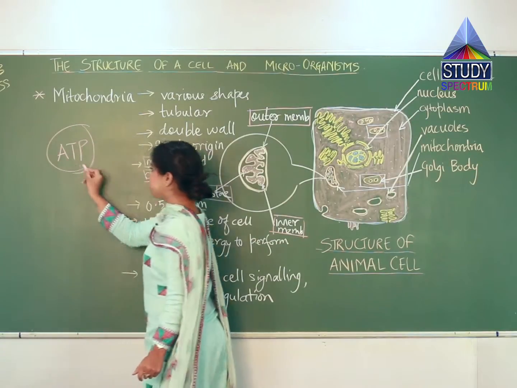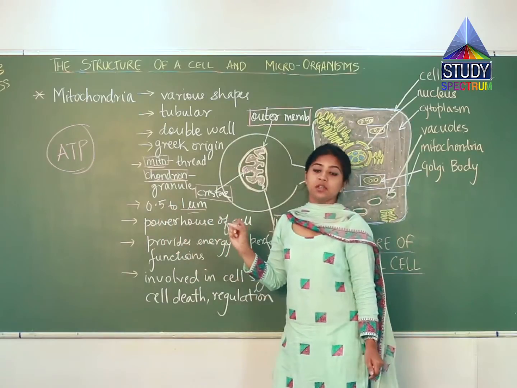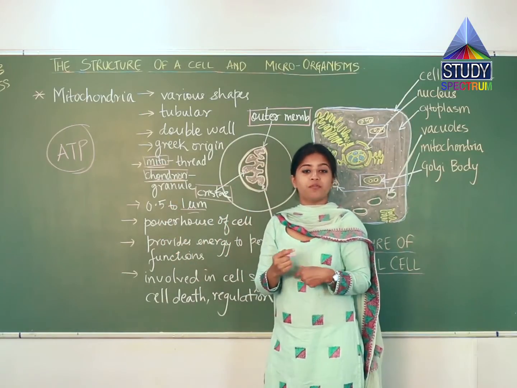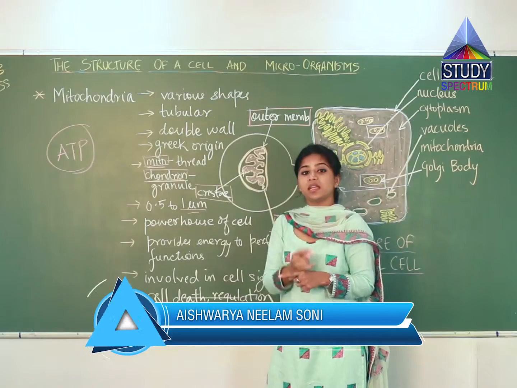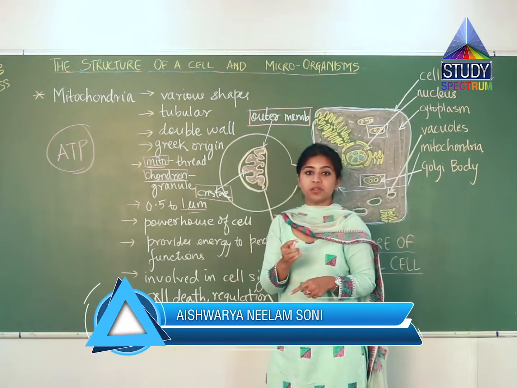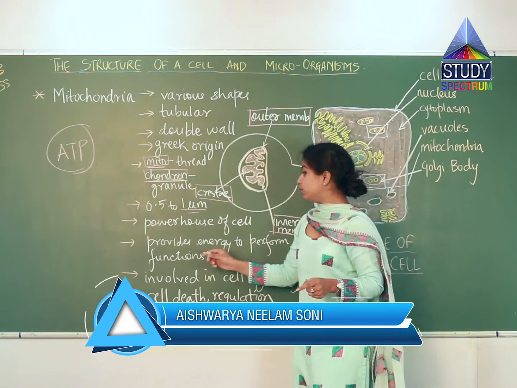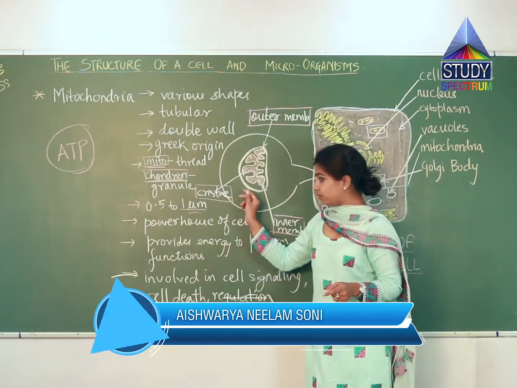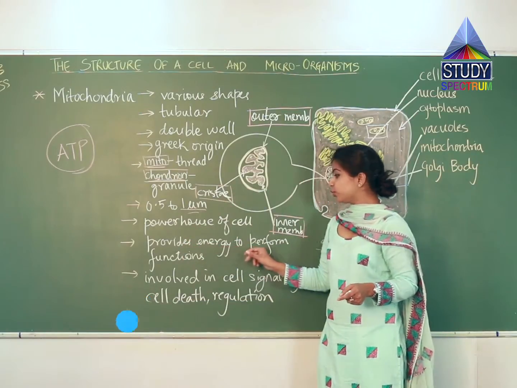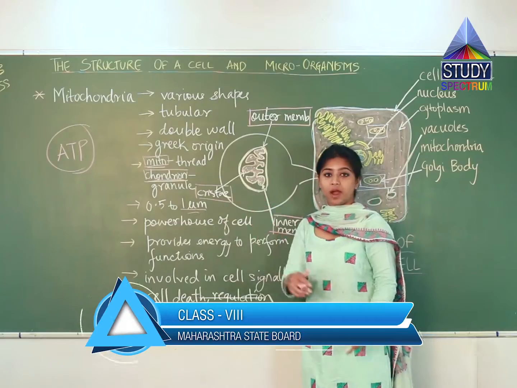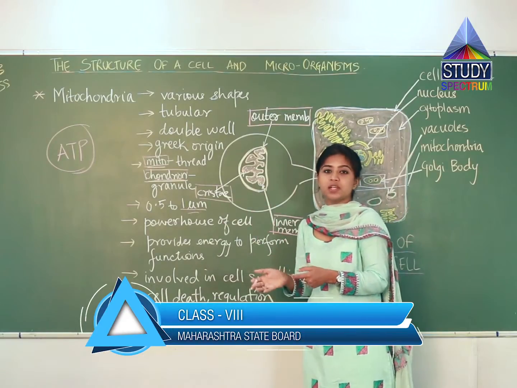Now this ATP provides energy to the whole of the cell to perform the activities, and ATP is made from the food that we eat. So this mitochondria provides energy to perform functions. How does it help us to perform functions?